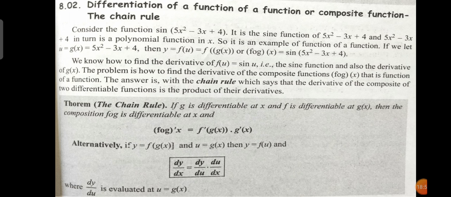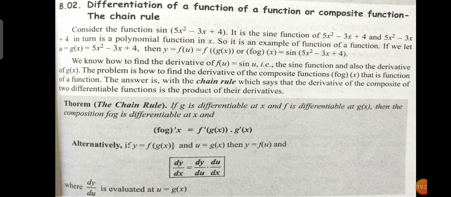Okay, what is y? Y is f of g of x, and g of x is the function of x, that is u. So what is y? F of u.